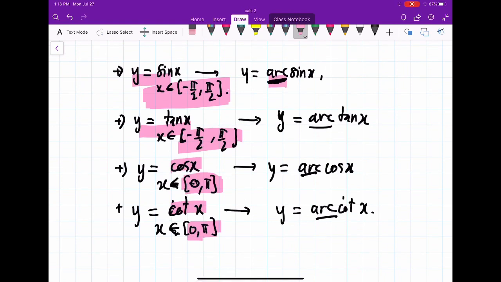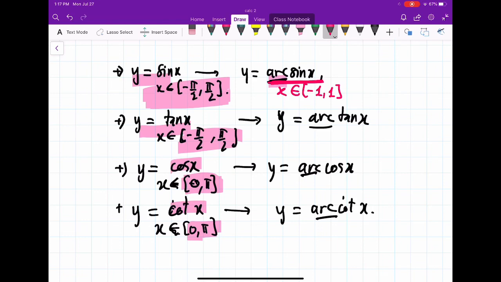So now if we are talking about the range and the domain of inverse functions, we just need to look at the range and domain of the original functions. Sine of x takes values between -1 and 1, right? So that means -1 and 1 is the domain of the inverse arcsine.